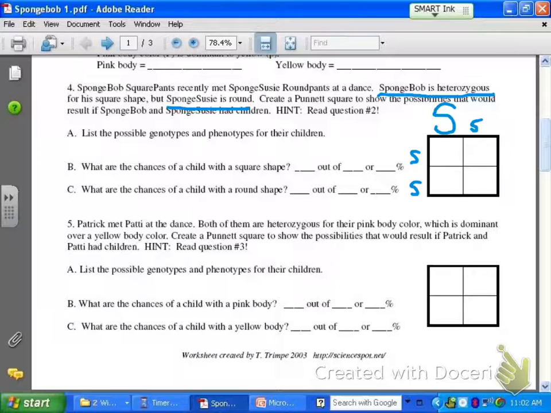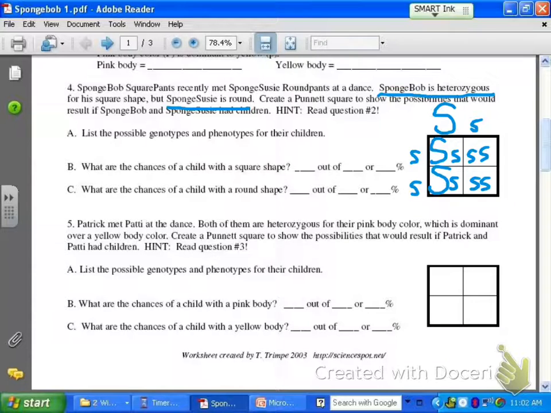All right, fill in your Punnett square. I'm filling in mine there, looking at what's above and what's below. Are there any questions about how I filled in my Punnett square? Looking at A, it says list the possible genotypes and phenotypes for their children.